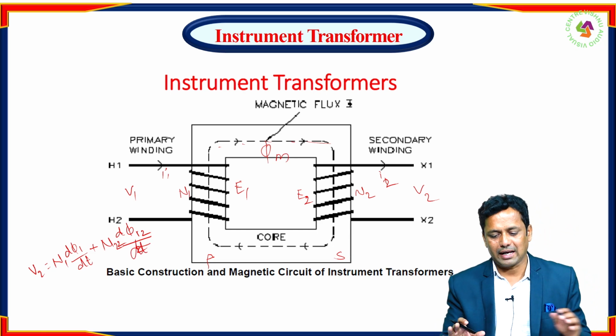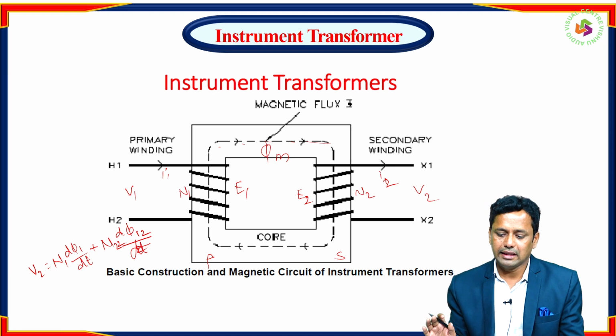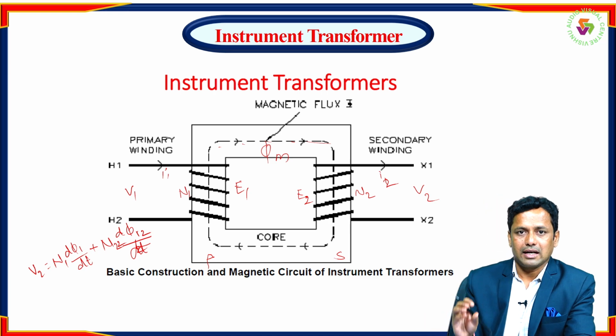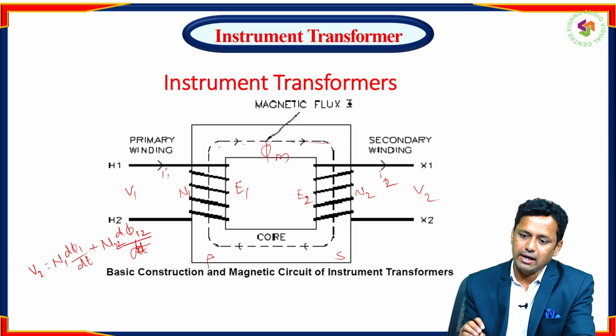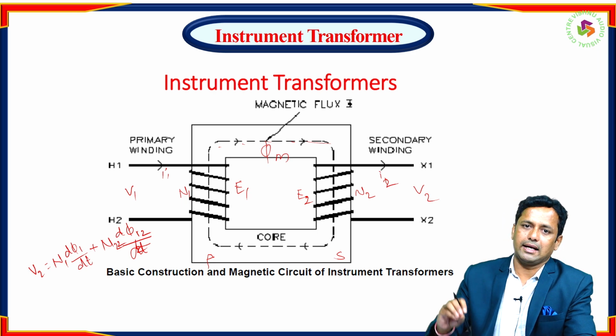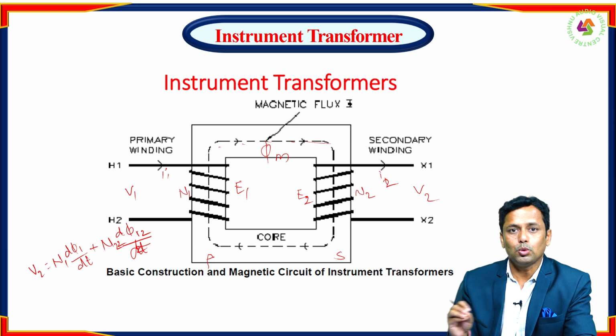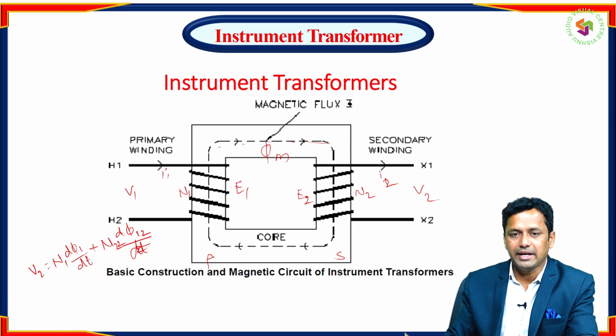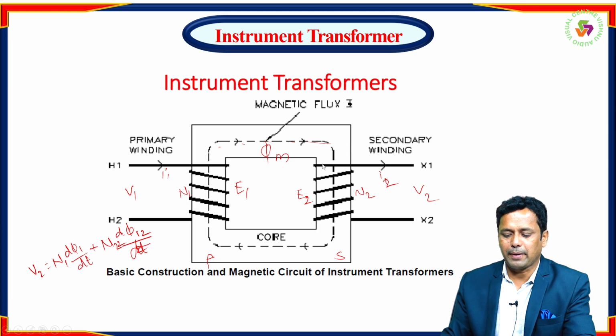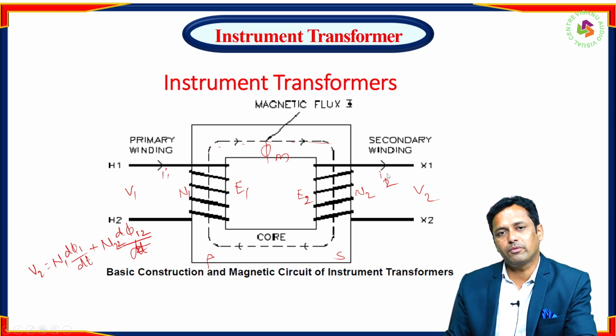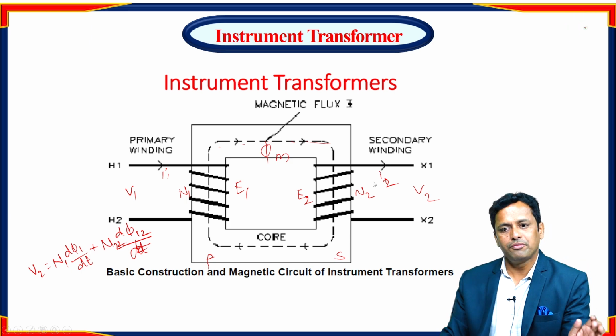So mainly the transformer definition is: the transformer is a static device which converts one form of electrical circuit to another form of electrical circuit through the media of magnetic path, without changing frequency. The frequency in India is always 50 Hz.